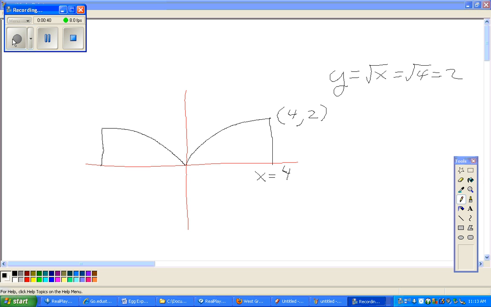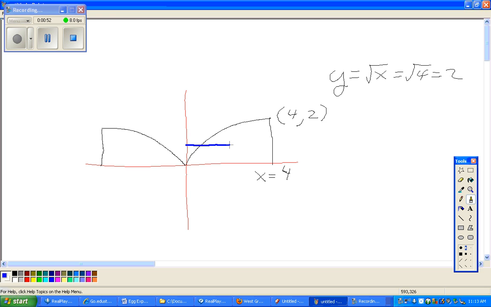So I want to try and picture a couple of radiuses. I think I'm going to have one radius come out here. Now, I don't really memorize these things. So yesterday, did I call that radius 1 or radius 2? Okay, let's call it radius 2.